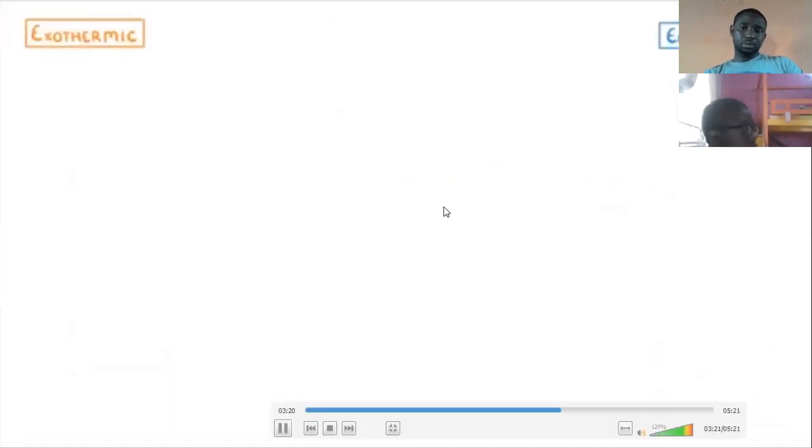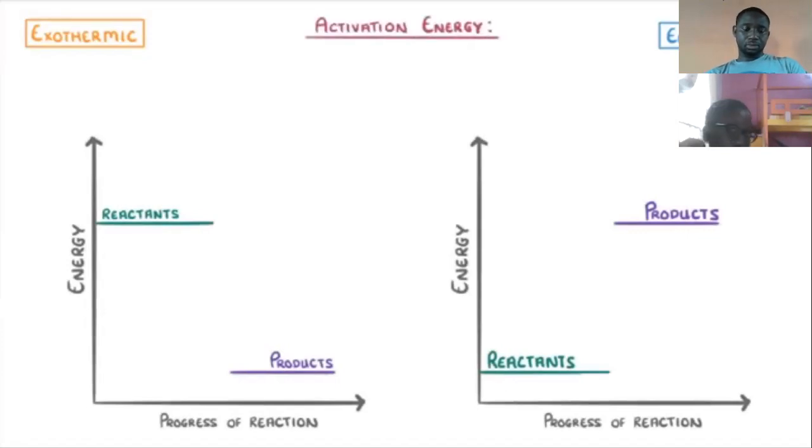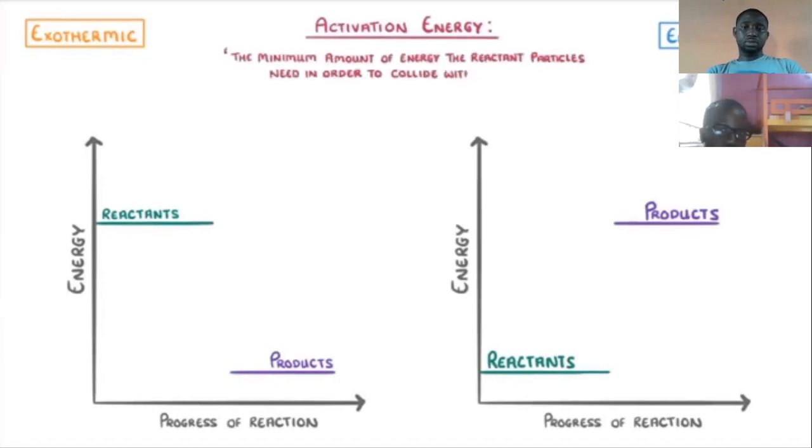So far, we've covered what exothermic and endothermic reactions are and looked at the reaction profiles which you might look for in the exams. The last thing we need to cover is activation energy, which is the minimum amount of energy the reactant particles need in order to collide with each other and react.